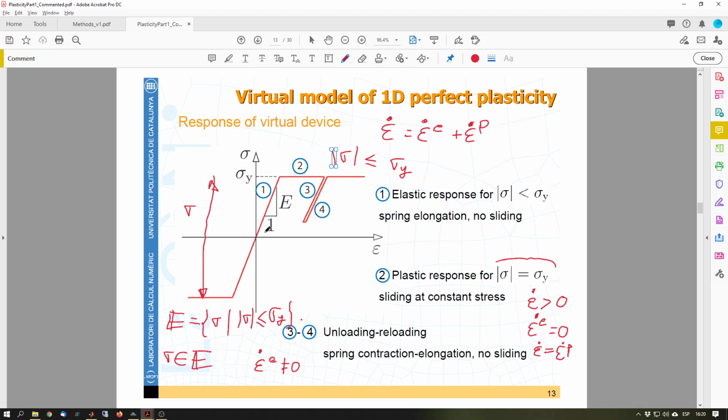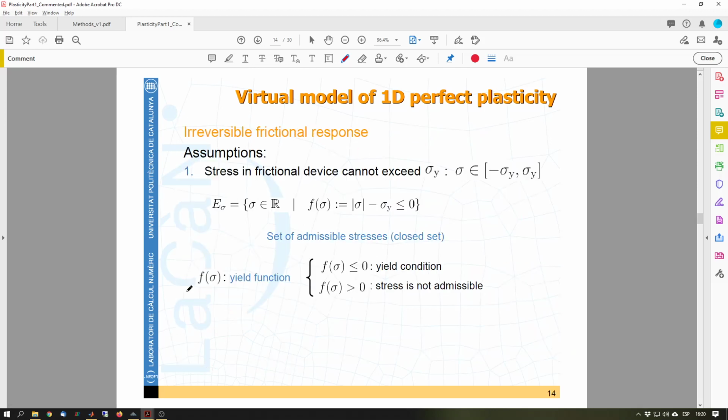So it turns out that we are solving linear elasticity, so my stresses are proportional to the elastic strains, together with that constraint. Let's try to formulate that in a more rigorous manner. My stresses must belong to that interval.